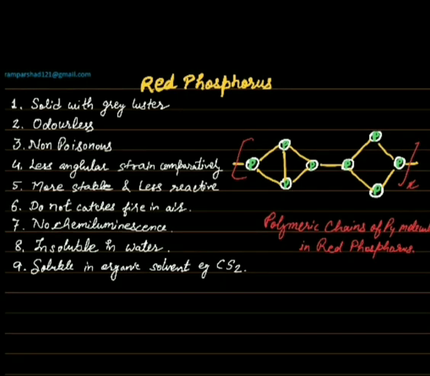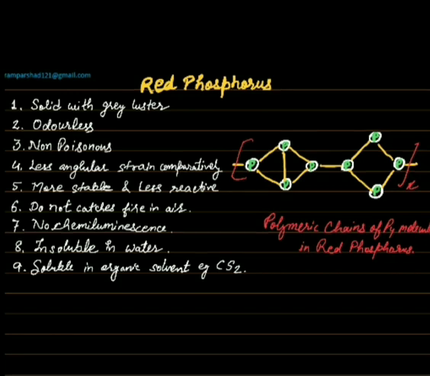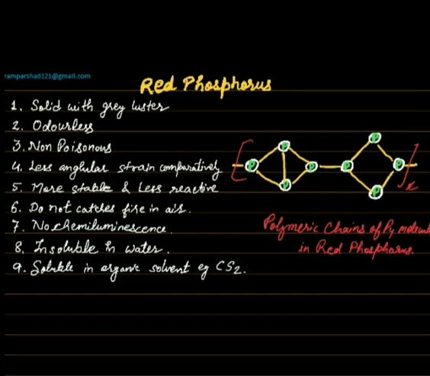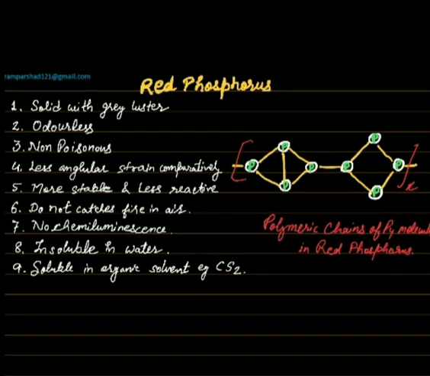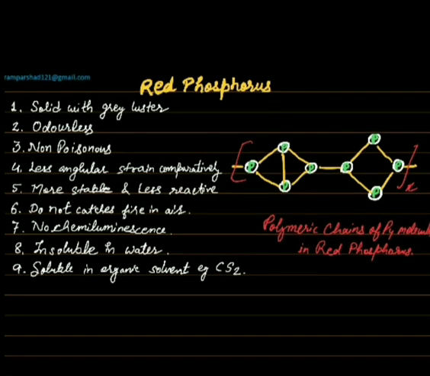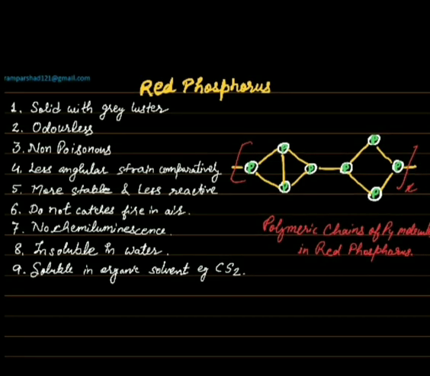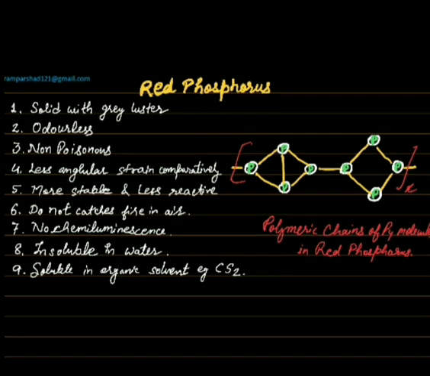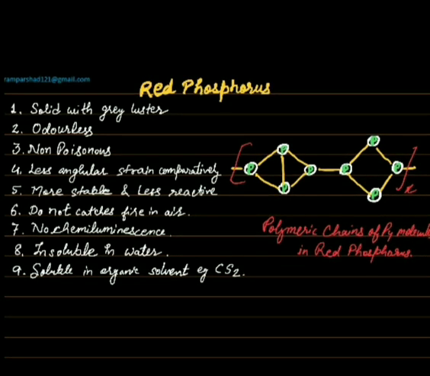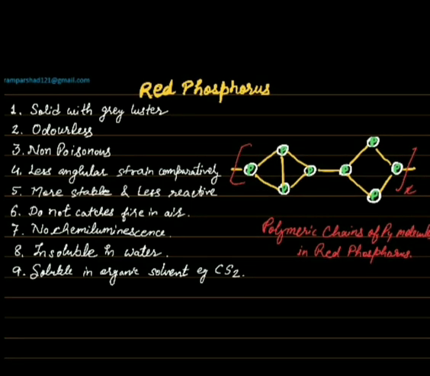Due to this large stability, it is less reactive and it does not catch fire in air like the yellow phosphorus or the white phosphorus. It has no characteristic property of chemiluminescence, meaning glowing in the dark. It is insoluble in water but soluble in organic solvents like carbon disulfide.